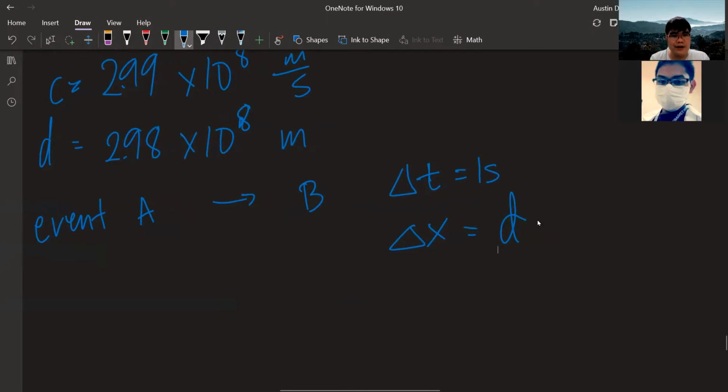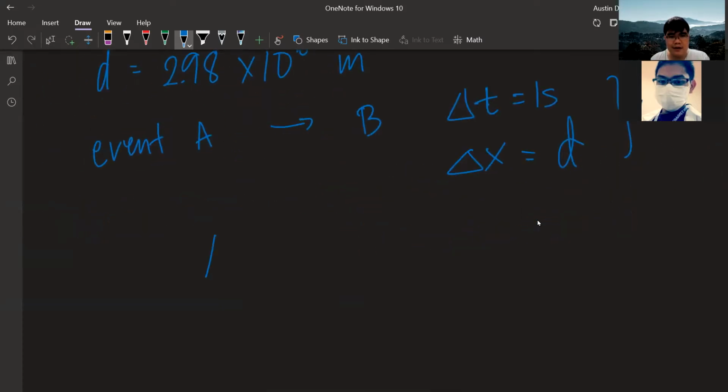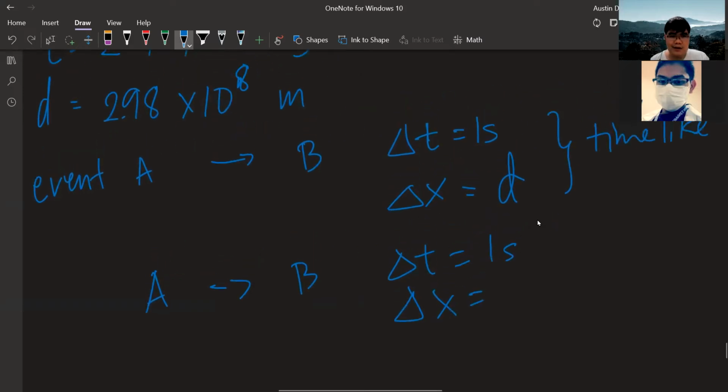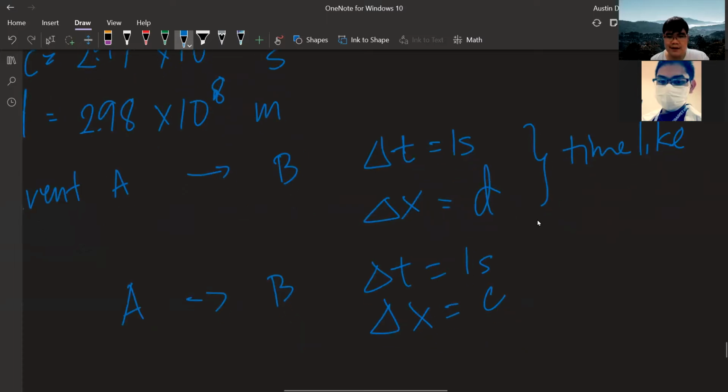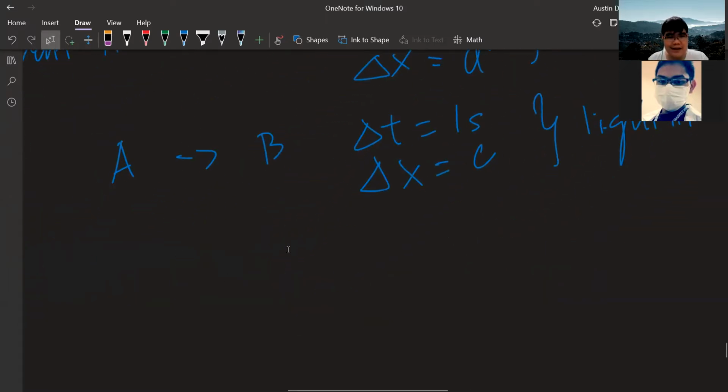Okay, however, for a special case na event A to B is still the same, 1 second. Tapos titignan mo ngayon yung distance ng events nila, and it would be C times 1 second. And this is light, kasi si light lang makakagawa nito. Siya lang makaka-reach ng event na yan.